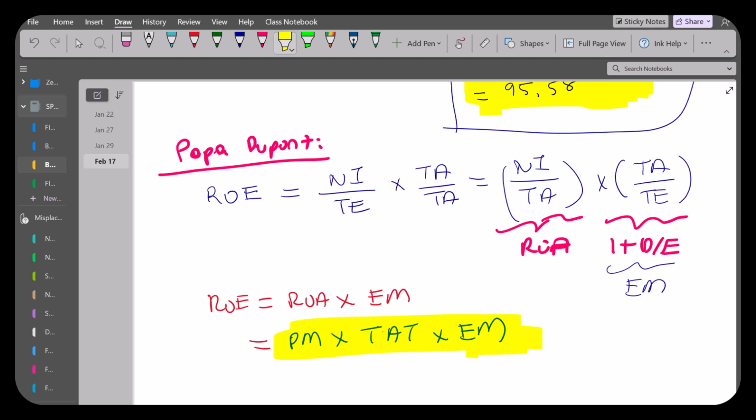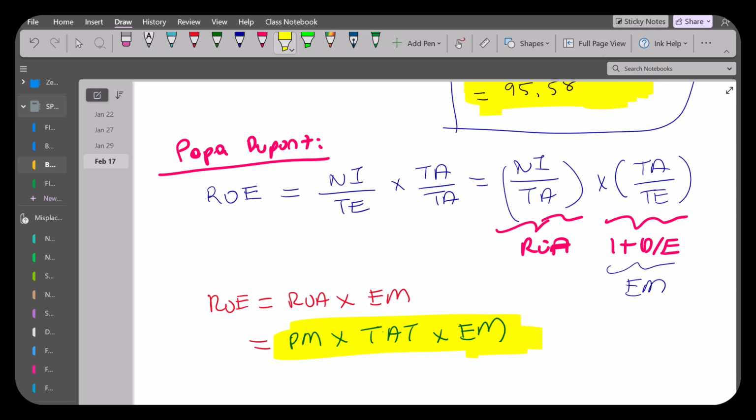So just like ROA, I can decompose return on equity into three things. One, you may be making a lot of money per dollar of sales. That's profit margin. Two, you're using your assets efficiently. Per dollar of assets, you generate a lot of sales. And three, you have a lot of leverage. Okay, you're using other people's money to make money. In that sense, that's what leverage is.